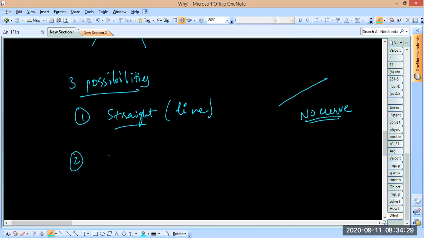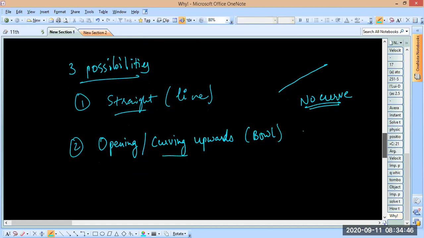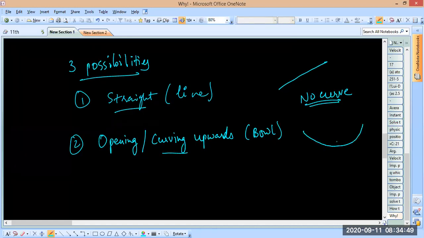Second, it can be opening or curving upwards. What do I mean? This is a bowl, right? This kind of part or graph is a bowl. Think about it. See, it curves upwards, correct?